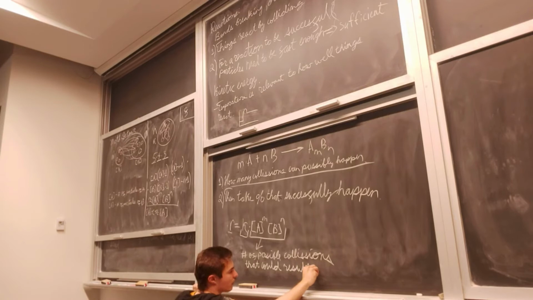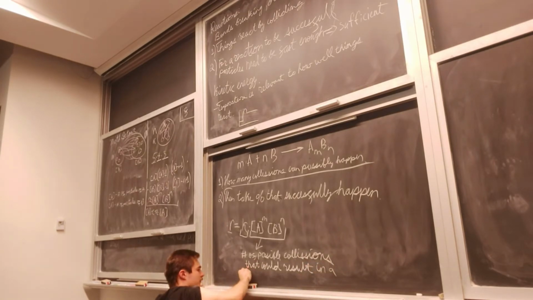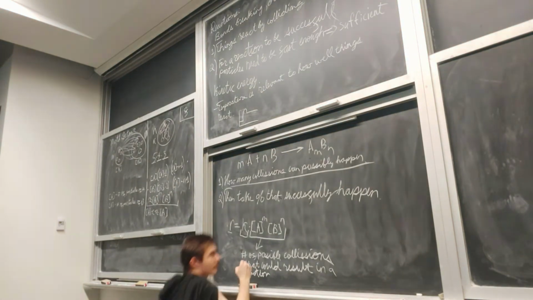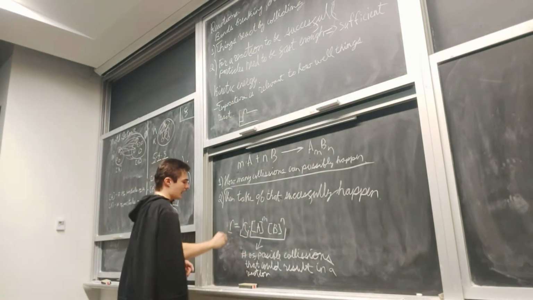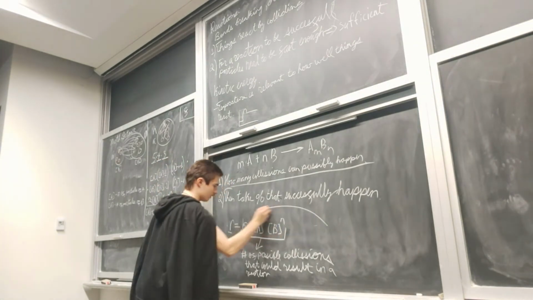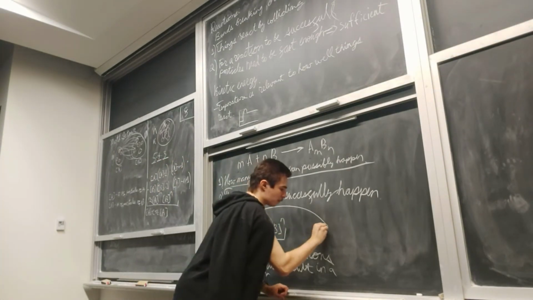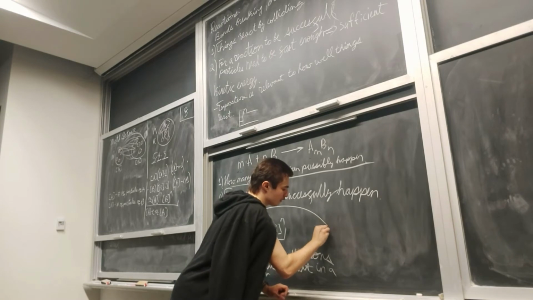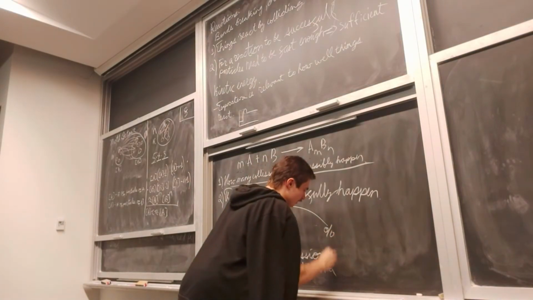Right? This is everything that could happen. And then K is the percent that does happen, that does successfully happen.